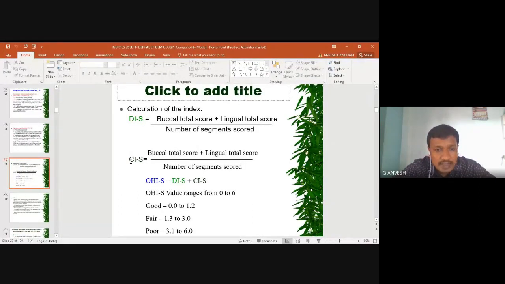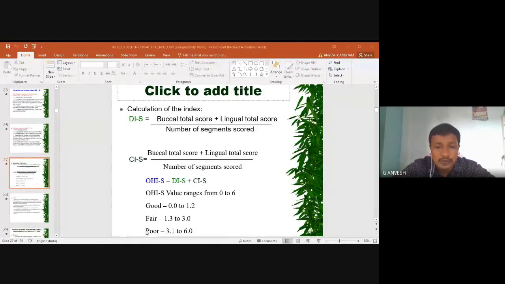For the calculus index simplified, we follow the same formula. Finally, we add both the scores from the DIS and the calculus index simplified, and the values range from 0 to 6. The individual scores range from 0 to 3, and if you combine both the DIS and CIS, the scores range from 0 to 6. That means 3 plus 3 makes 6.